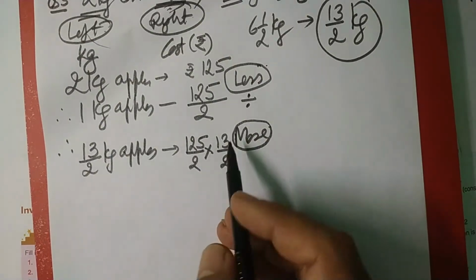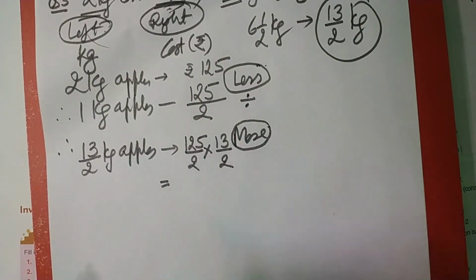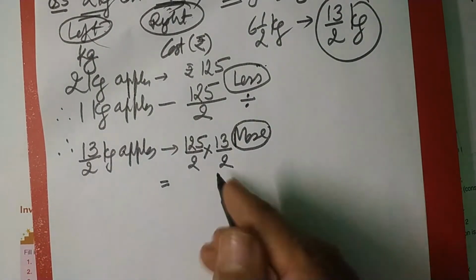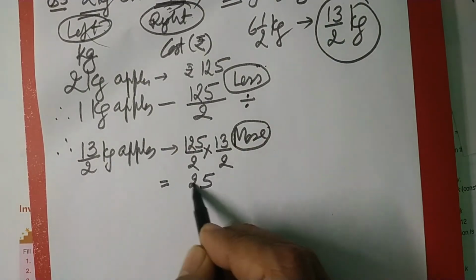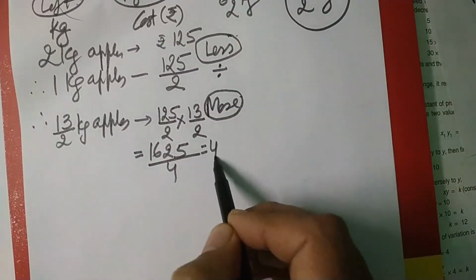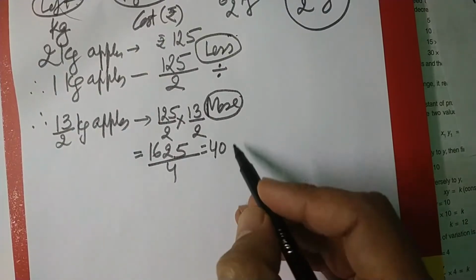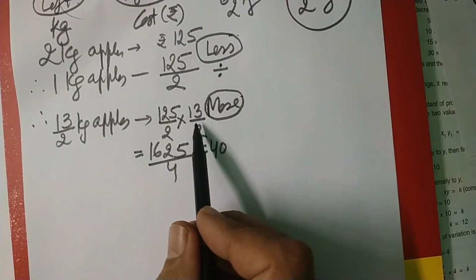Since this is not dividing, so multiply now. And 4. So the answer is 4, and it is 13 upon 2.